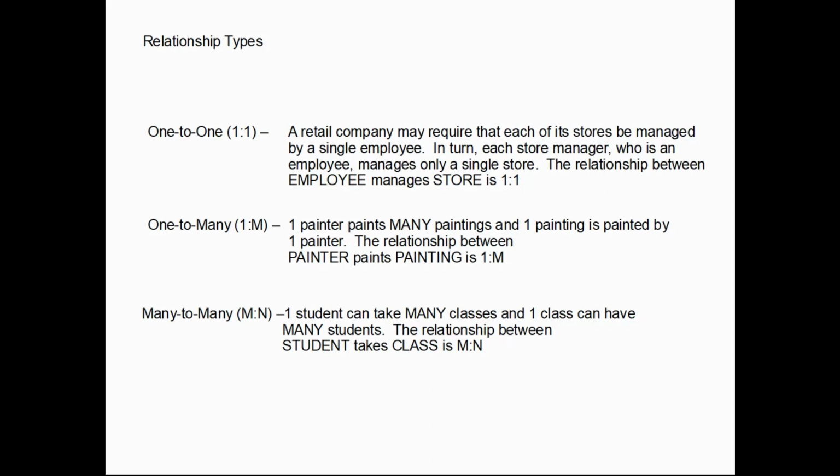Now, in a relational database, if you end up with a many-to-many, you have to get rid of it. The final design cannot have a many-to-many relationship in it. You break it up into two one-to-manys, which I'm going to show you how to do.